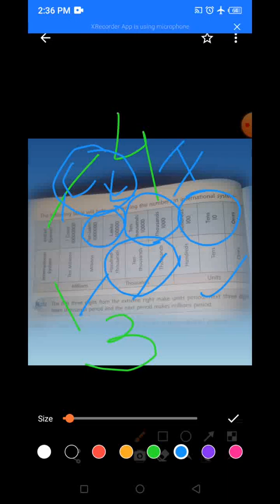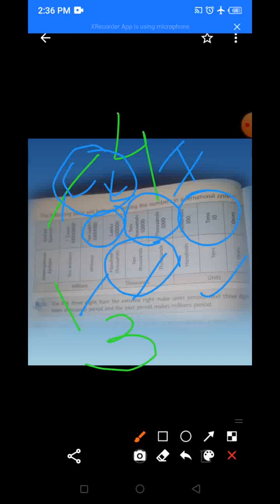Instead, we have millions. One of the lakh digits has come here in thousand, becoming 100,000, and one of the lakh has shifted to million. So I hope this is clear to you. Again, do not get confused here. See, we have 2 lakh, the 10 lakh, and the lakh.